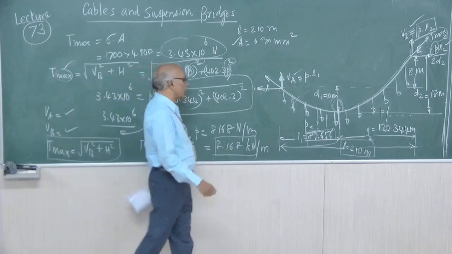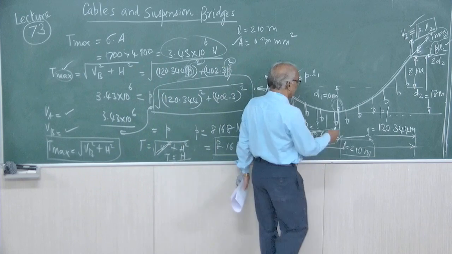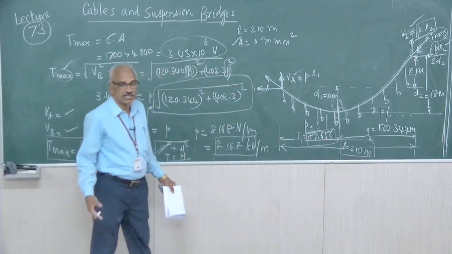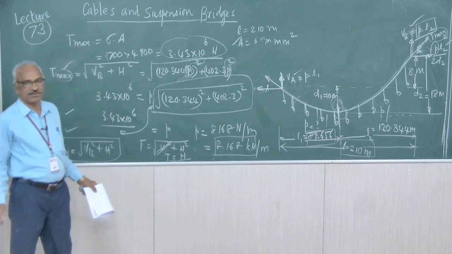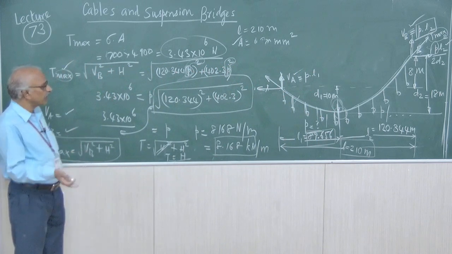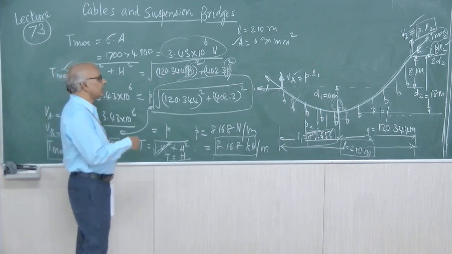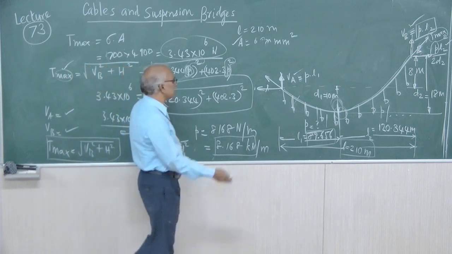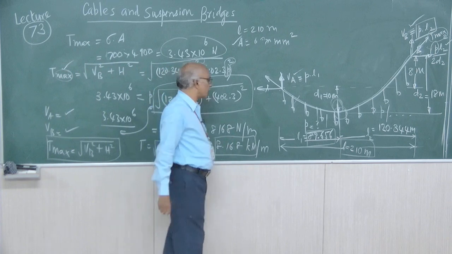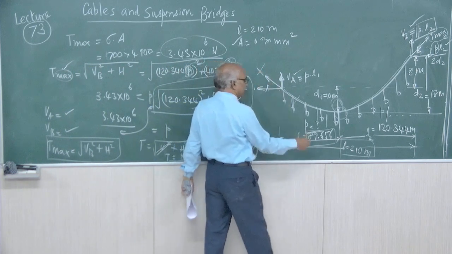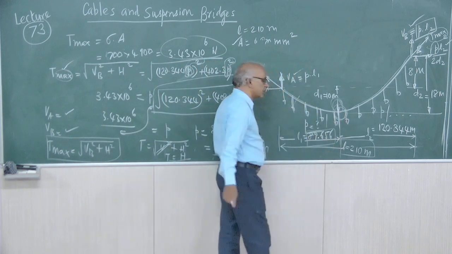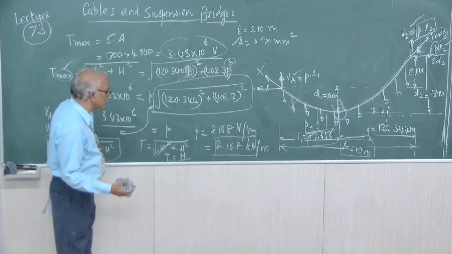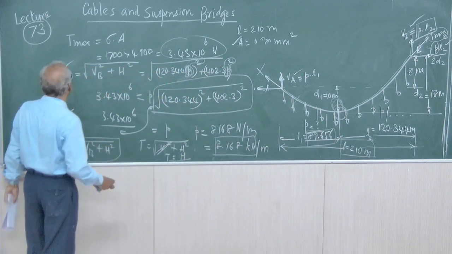Therefore, the minimum tension will occur at the lowest point of the cable, and that minimum tension is equal to H itself. So, by comparing VA and VB, we should not write VB is maximum and TB is maximum, TA is minimum. No, not that. This is less, but this is not the minimum. The minimum tension will occur at the lowest point, whose value is equal to the horizontal tension itself.